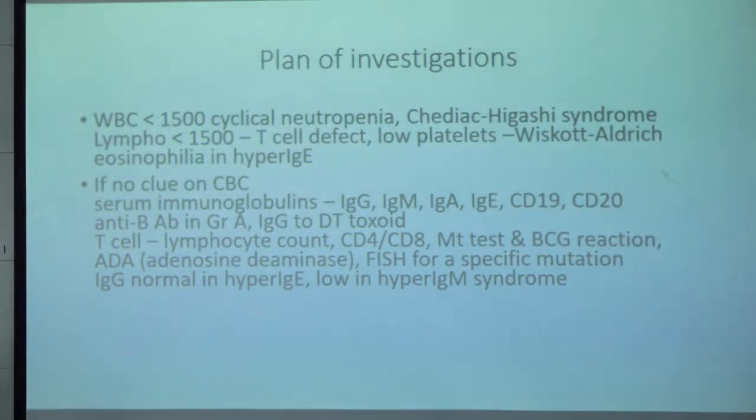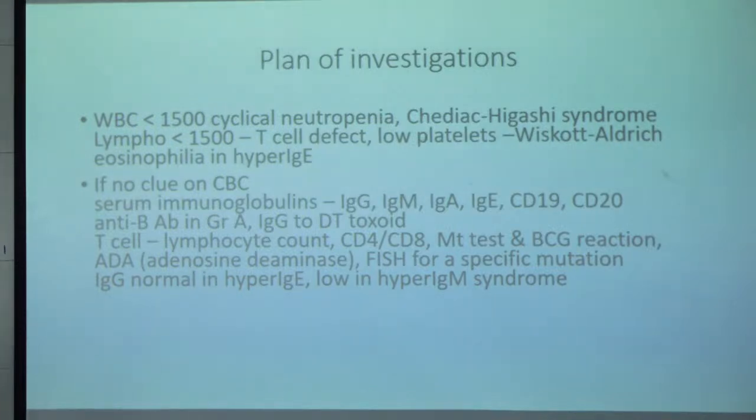And you might also look at whether, if he has had a DT toxoid, he has built up an IgG to that toxoid. I think these may be very simple even without having a very detailed investigation. Of course, T cell, the lymphocyte count, CD4, CD8, a Mantoux and BCG response is not a very ideal thing now for varieties of reasons, epidemiological, but yes, that's also a T cell test.